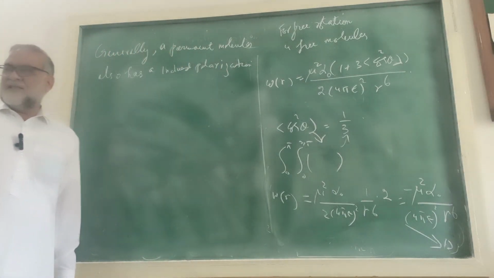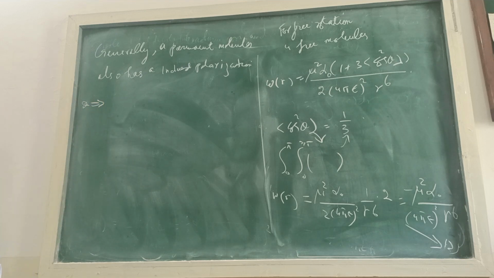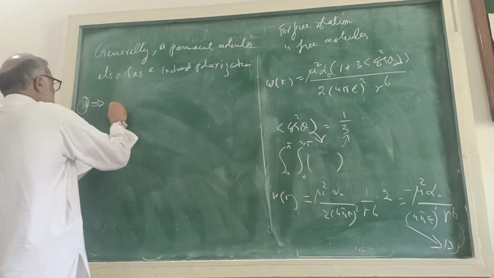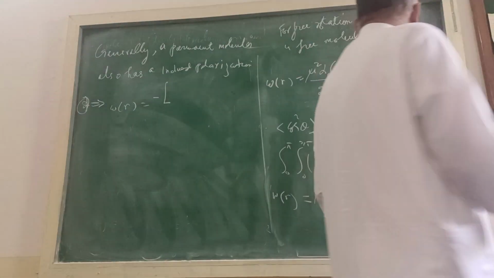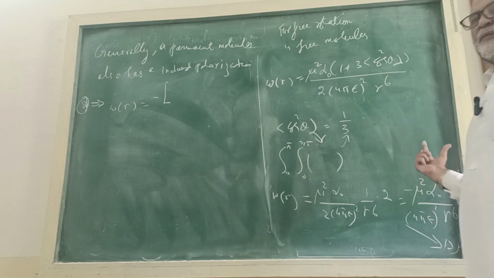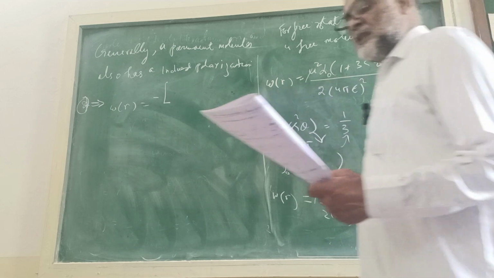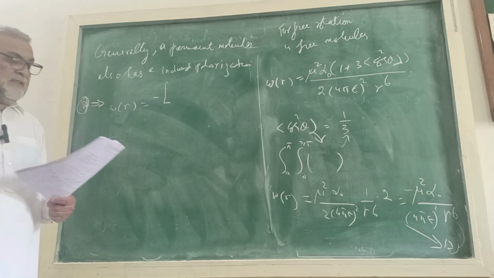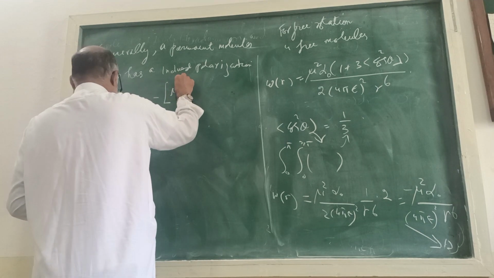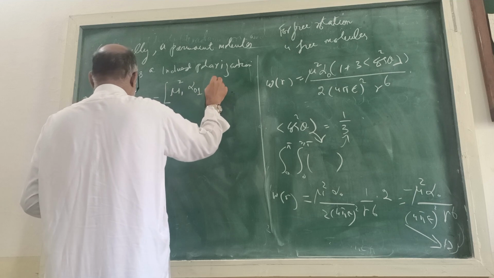So equation 2 can be written as W of R equal to minus mu1 square alpha naught 2 plus mu2 square alpha naught 1, over 4 pi epsilon whole square, r to the power 6.